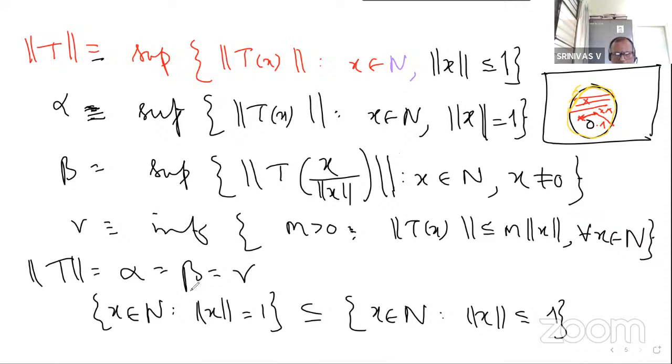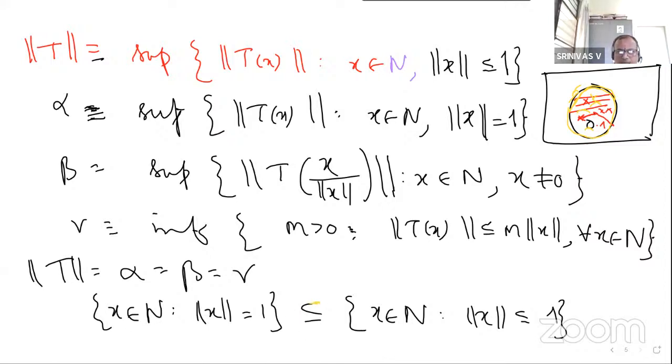So these x values form the points on this circle, on the perimeter or circumference, while the other points may lie on the circle or inside the circle also. They may come from the interior or on the boundary. In fact, this is a subset of this.